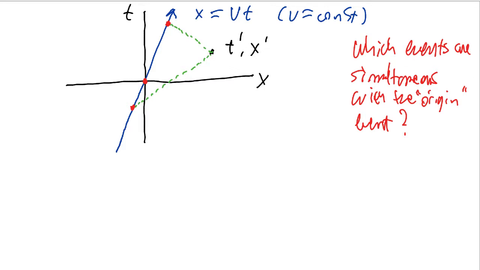So let's take a look at this mathematically. And by the way, let's refer to this as event A. So this event has coordinates t_A, x_A. And this is event B with coordinates t_B, x_B.